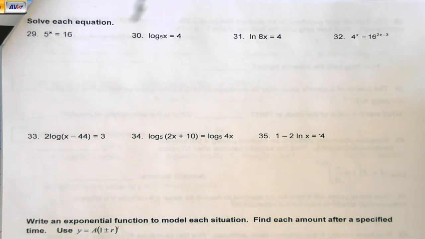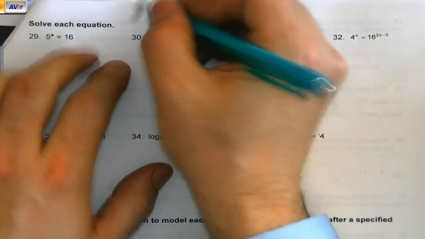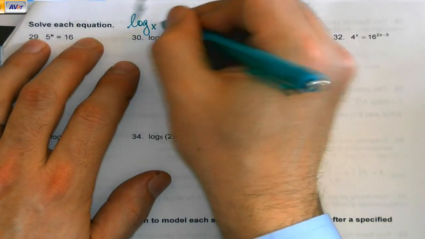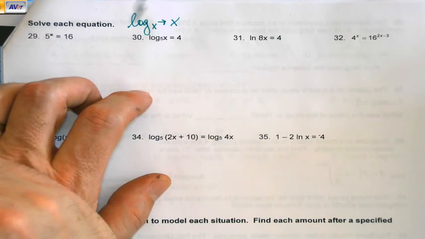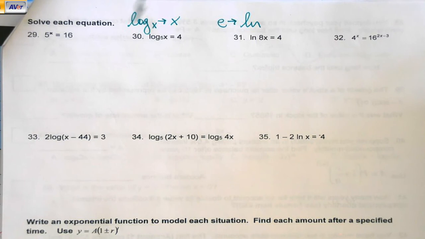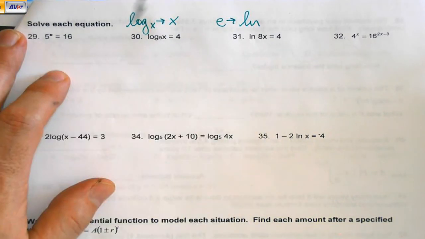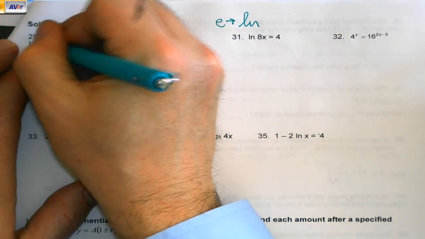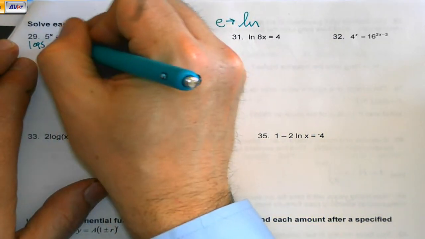Okay, solve the equation, reminders. Log of x and its base value are inverses. E and natural log are inverses. We've written that about a bajillion times. So here, 5 to the x power, can't divide by 5. Got to use a log.